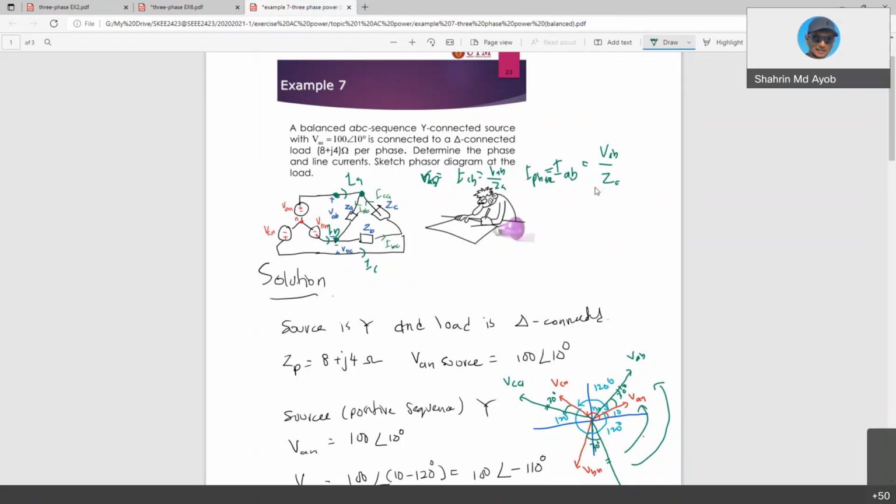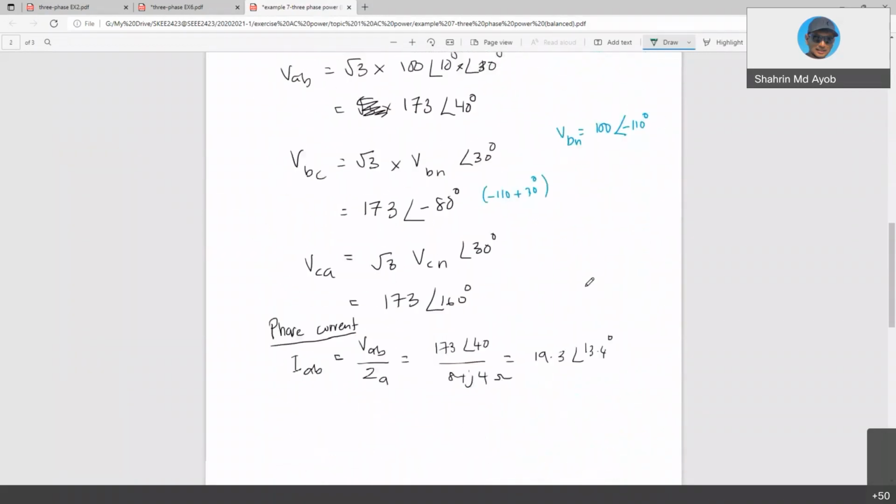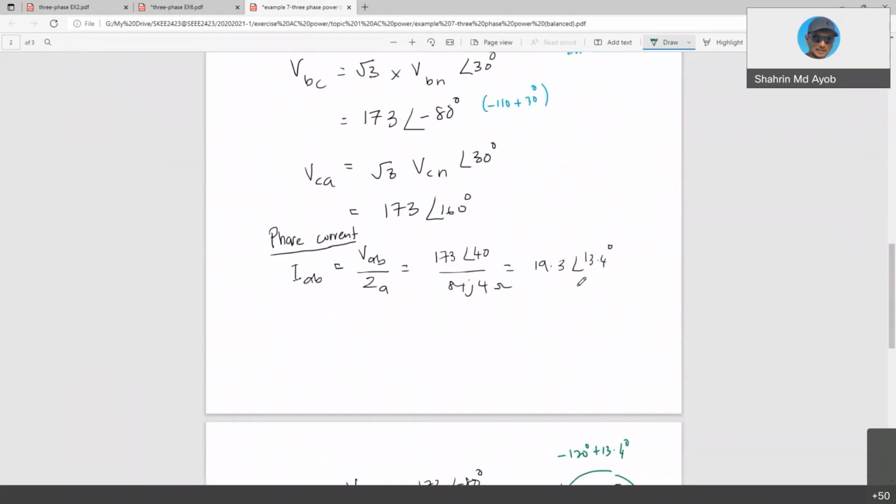After you obtain the I phase, you can obtain the I line, where I line is square root 3 multiplied with I phase, and the angle should be minus 30 degrees. So for example, if I have obtained my IAB 19.3 angle 13.4, this is my phase current.